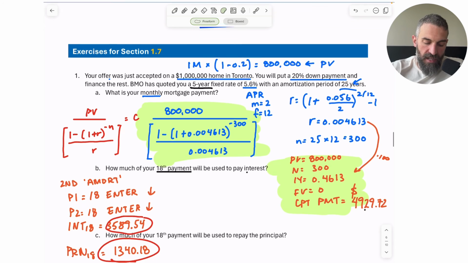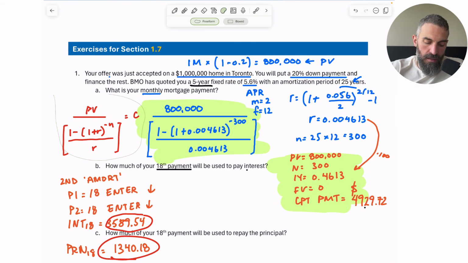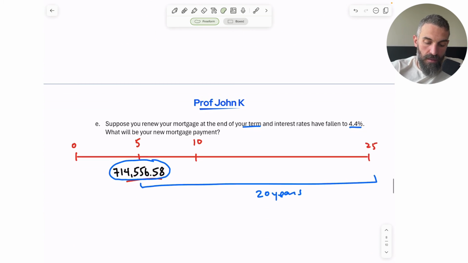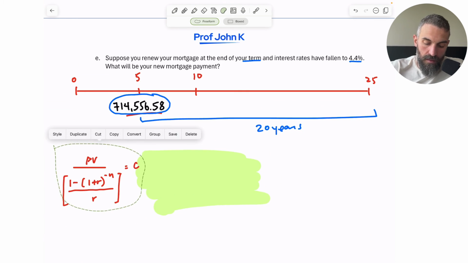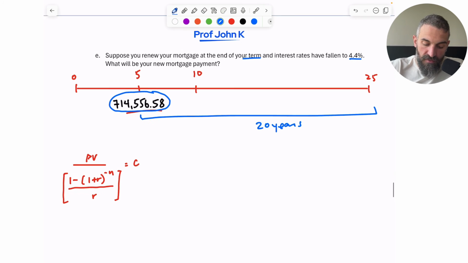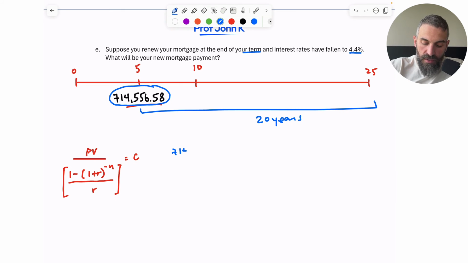So if I go back and grab this, I'm going to be using this again. So paste. My present value now is $714,556.58, and maybe you're using 21 if you're using the answer from before. 1 minus 1 plus, and then the rate we have to recalculate because the interest rate changed.